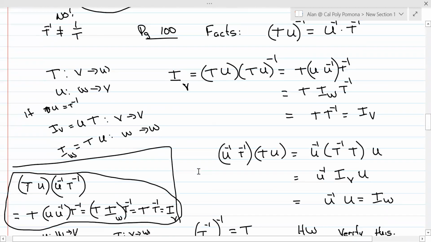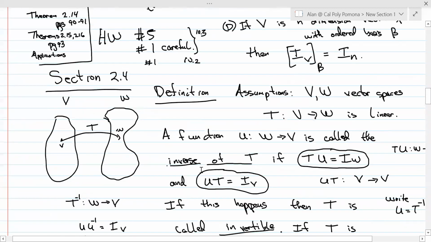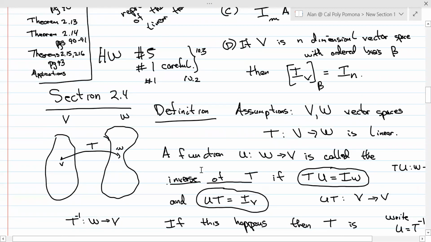Okay, this is more or less where we ended last time. So we switched over to section 2.4, and we have a definition of what it means to be an inverse. Our definition is this.